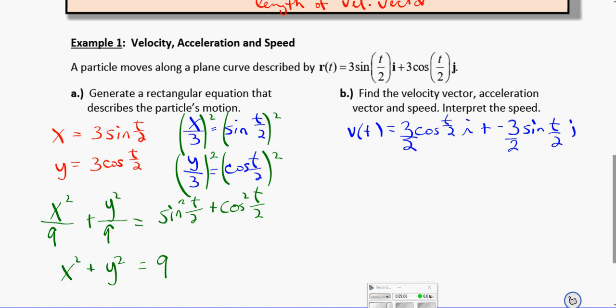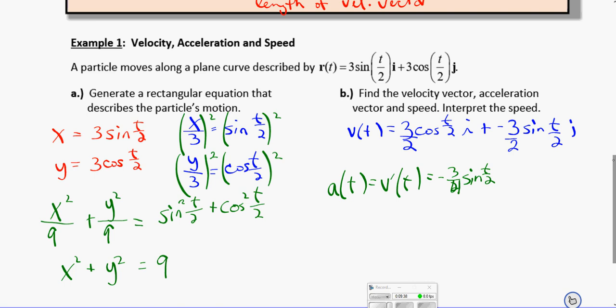Times vector j. So there's our velocity vector. Our acceleration vector, lather, rinse, repeat. The acceleration vector is the derivative of the velocity vector. So it's going to be negative 3 halves sine of t over 2 times the derivative of t over 2, so I can make that 3/4.